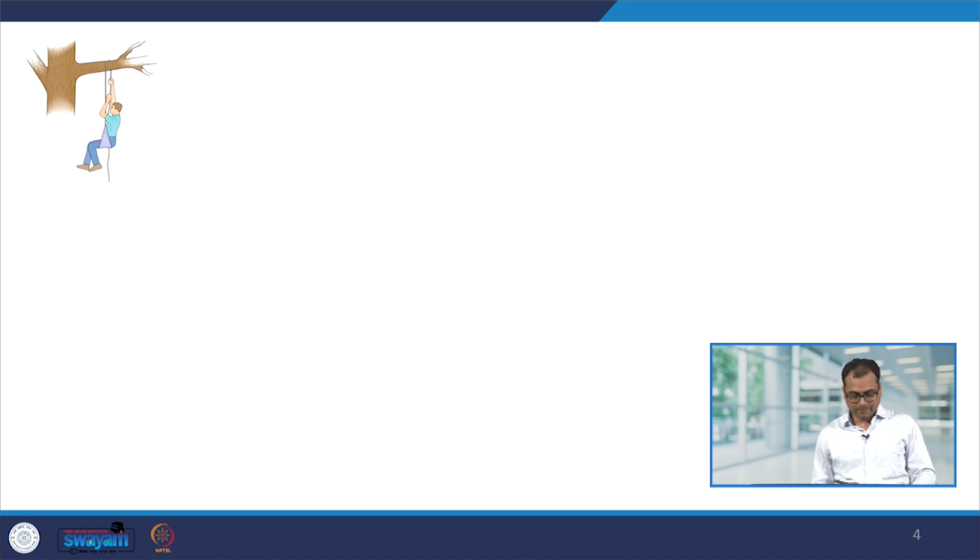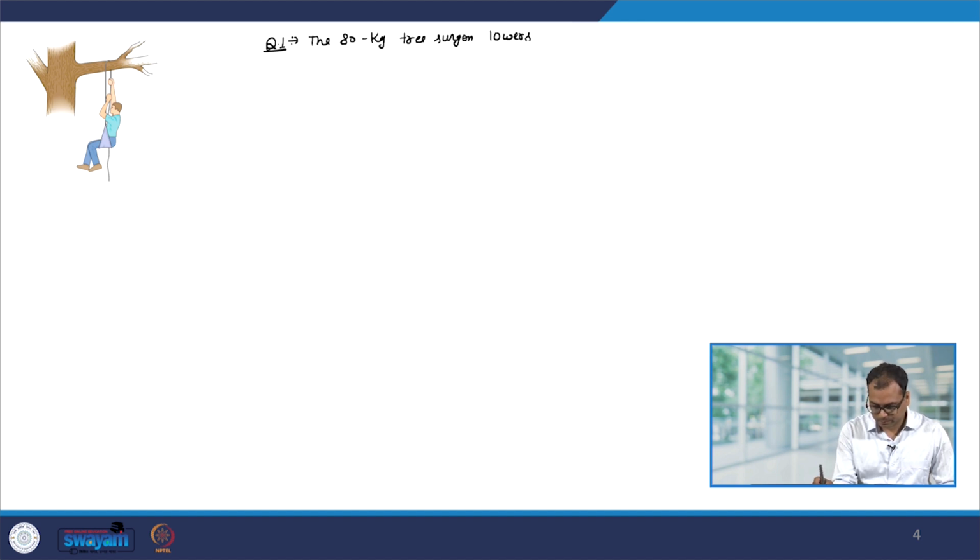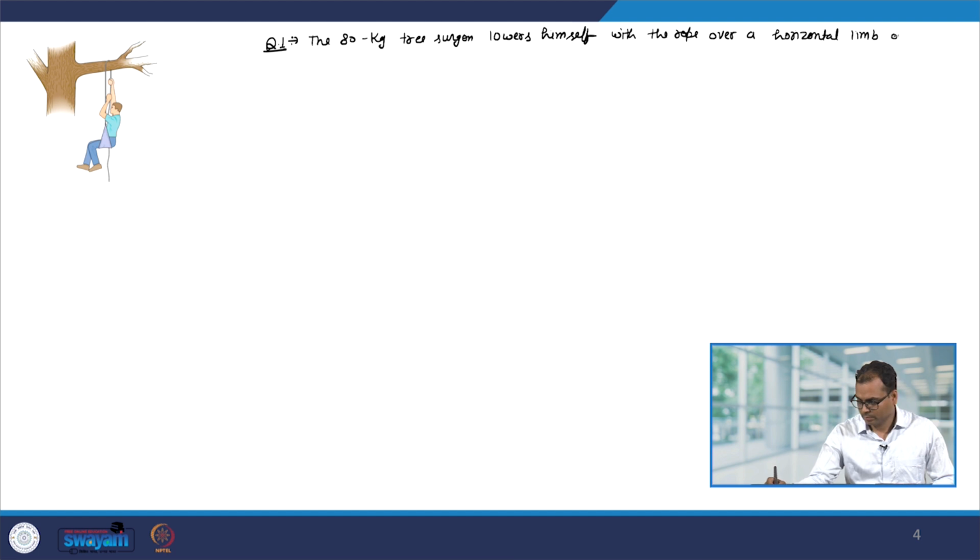So, the first problem statement is the following. The 80 kg tree surgeon lowers himself with the rope over a horizontal limb of the tree.